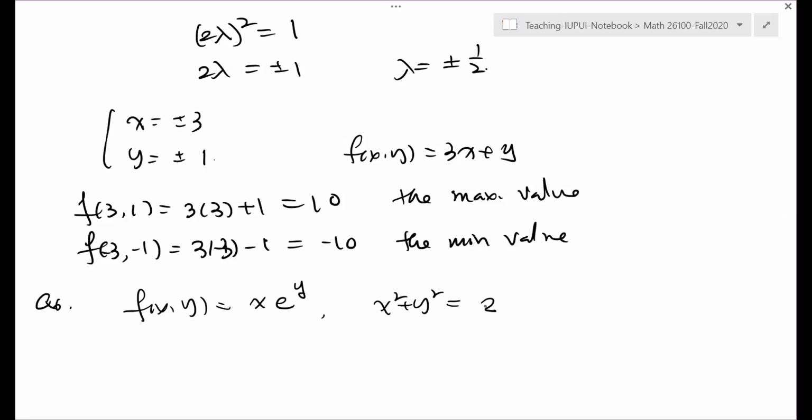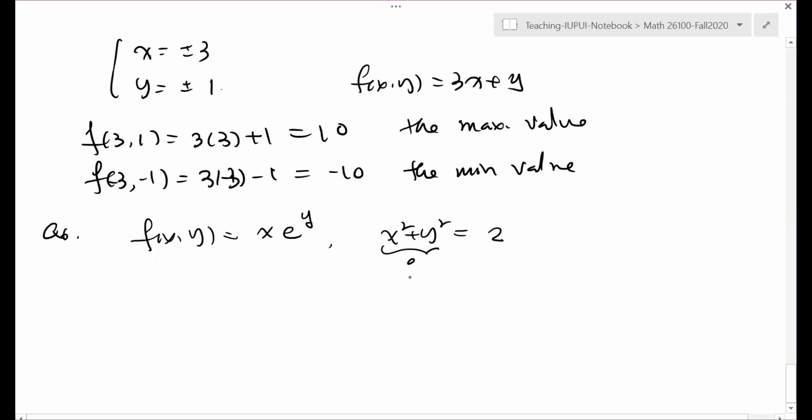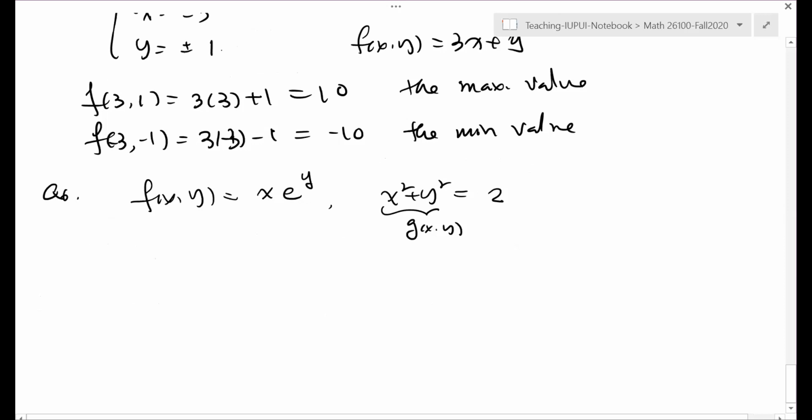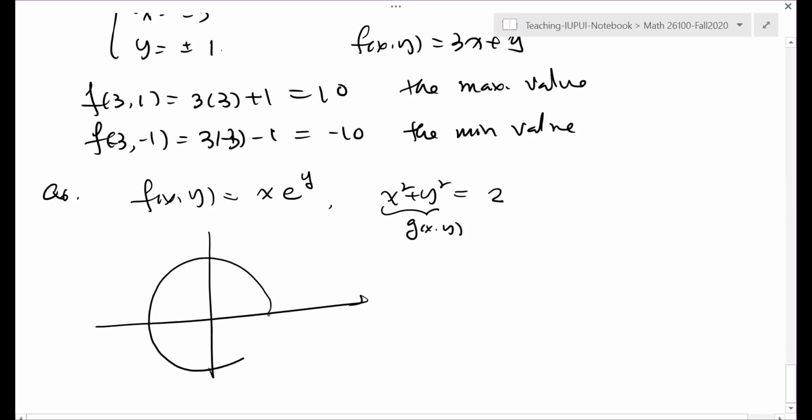This is my g(x, y). The function itself is defined on the whole plane, defined everywhere, but we only restrict to the circle. So this is g equals 2.